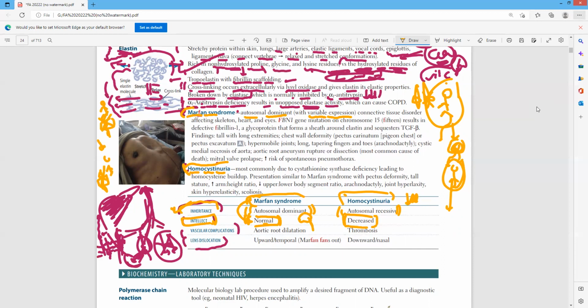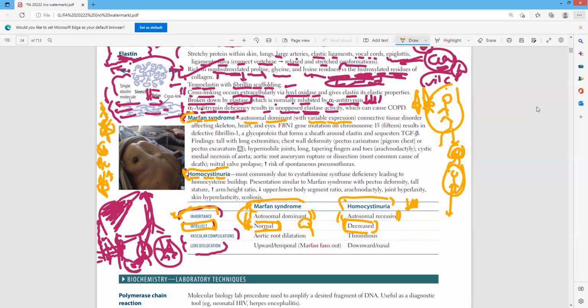The disease is more severe in patient B than in patient A, although they have the same genotype defect. This is what's called variable expression, and I will show you that in detail when we reach genetics. Don't worry about that.